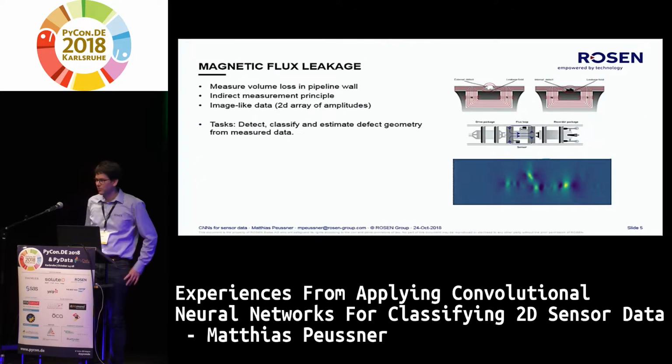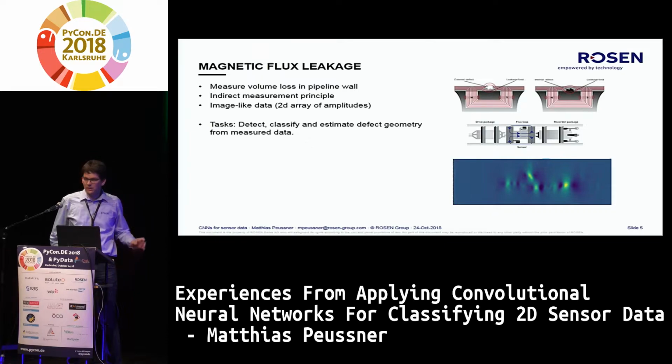One special technology I'm focusing on is the magnetic flux leakage. It works like this: you have big permanent magnets on the tool, and the magnetic fields go through the pipe wall. If you have some metal loss on the external or internal side, then the magnetic fields change, and we can measure the change in the magnetic fields.